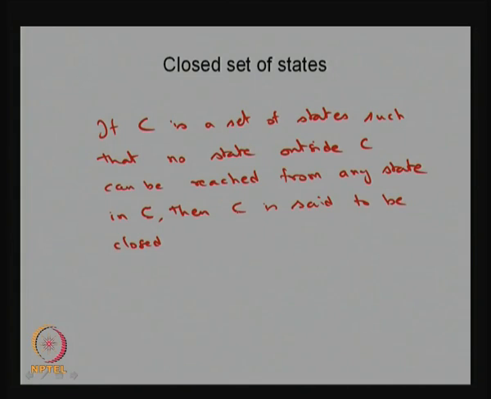If both properties are satisfied, that is, the states communicate with each other and the closed property is satisfied, then we say it is a closed communicating class. So, any subset of the state space S, if each element within the set communicates with each other and satisfies this property, is a closed communicating class.